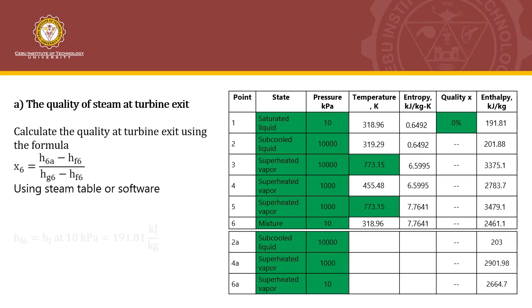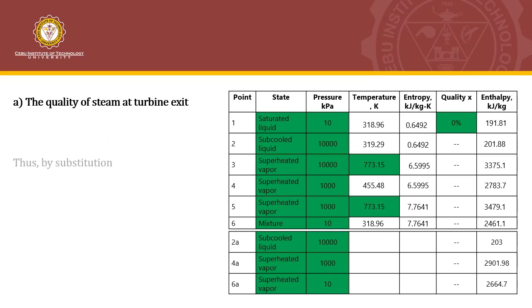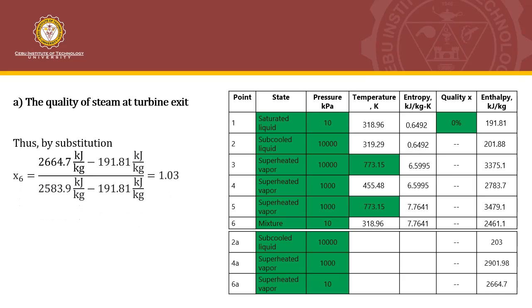Using steam table or software, we obtain the value of hf6 and also of hg6. We just substitute those values in this equation, but this time the value of h6a is being used instead of h6. So the quality is greater than 1, because it is 1.03.